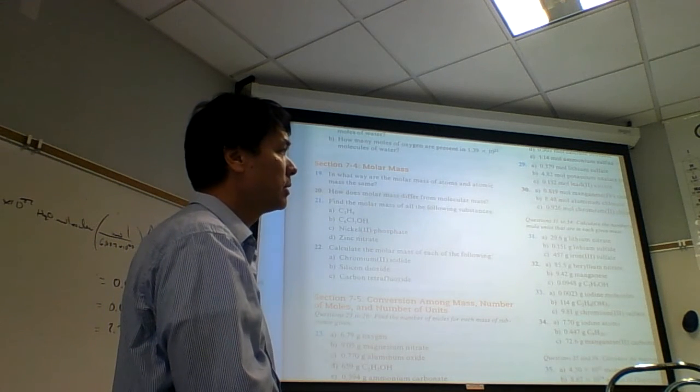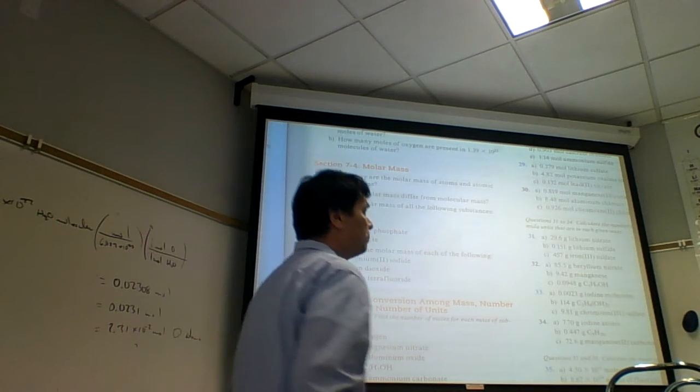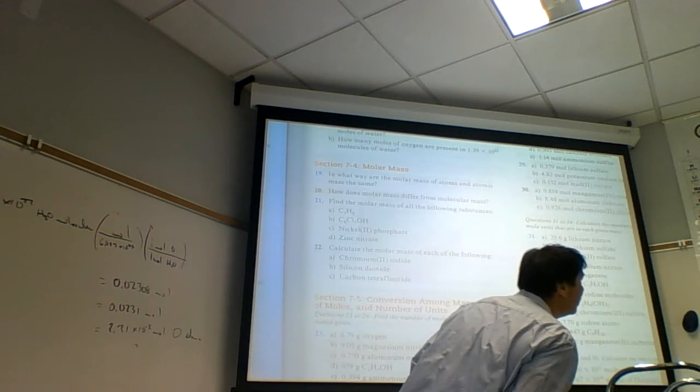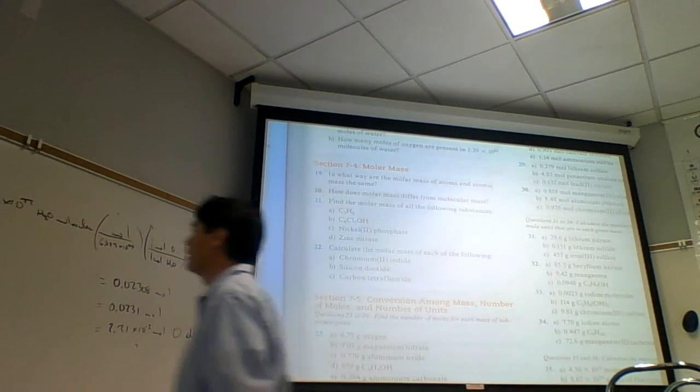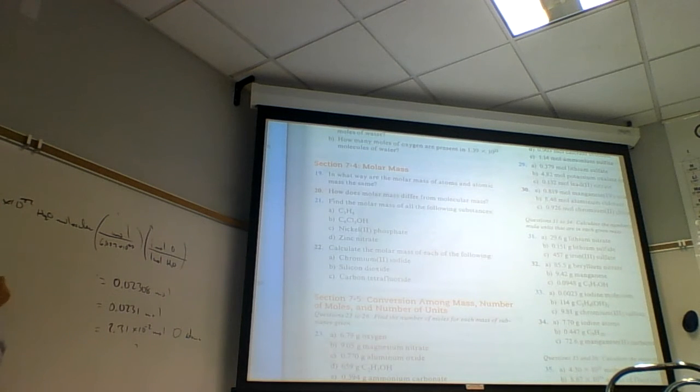The molar mass of silicon is 28.07, 28.09. We have to round it, unfortunately, because it's 8.5. Gotta round up. 2 oxygens is 32.00. And so this is going to be 60.09 grams per mole.